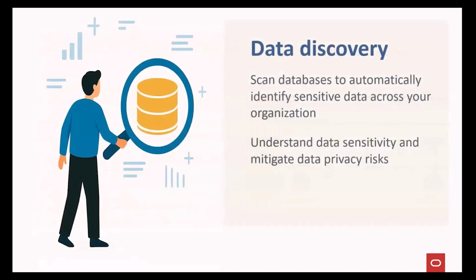With data discovery, you can identify your sensitive information across your target databases while also understanding the data sensitivity. With each discovered column, you will be getting a sensitivity score, based on which users can take a call whether a particular discovered column is sensitive or not.